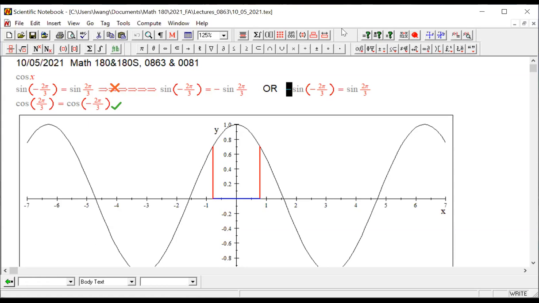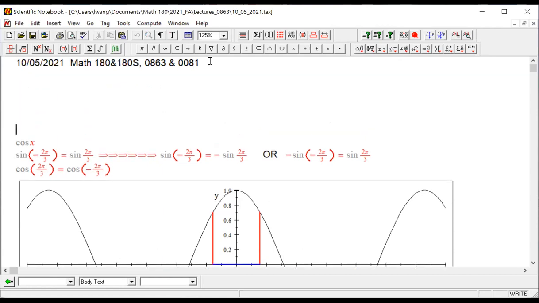Okay. All right. So without further ado, let's look at tangent and cotangent. I'm not going to do both tangent and cotangent, because they're similar in terms of even, odd. So let's look at tangent. You have a table for tangent and a table for cotangent that was given to you yesterday, right?